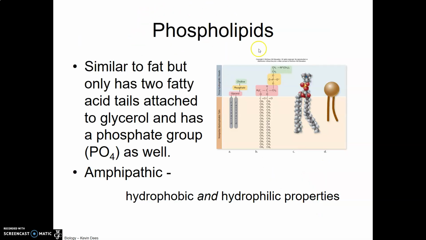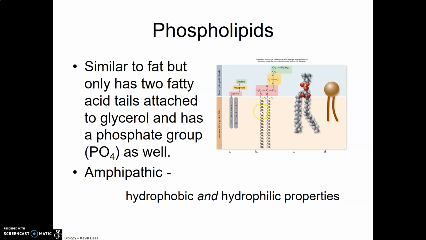Another category of our lipids are phospholipids. Now, these are similar to fats in that there's a glycerol, but there's only 2 fatty acid tails. And in addition to the glycerol and the 2 fatty acid tails, there is a phosphate group attached. Now, remember, the phosphate is the functional group with a phosphorus atom and 4 oxygens around it.